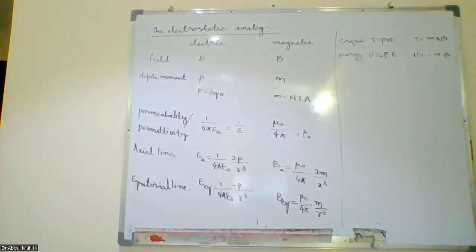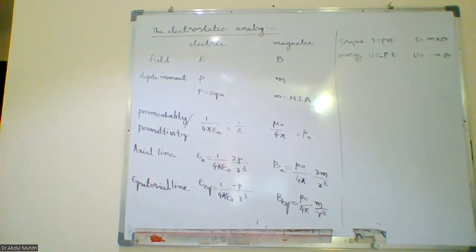Now we'll do one more numerical. Example 5.4: what is the magnitude of the equatorial and axial fields due to a bar magnet of length 5 centimeters at a distance of 50 centimeters from the midpoint?